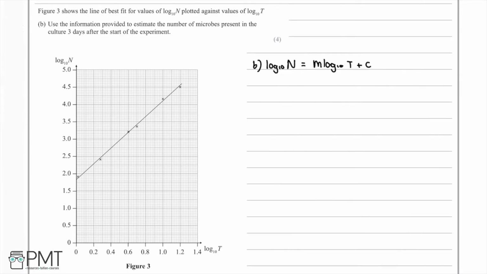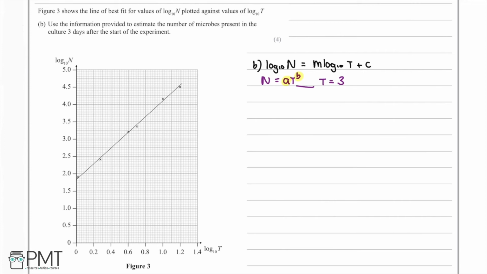So essentially the end goal of this question is going to come up with a value of N. And we recall that we were originally given the equation N is equal to A t to the power of B. So if we can find out A and find out B, we can then substitute t equals 3 into this equation here to give us the number of microbes. So to get to this stage, we're going to have to work out what A and B are. And we'll do this by taking information off the graph.